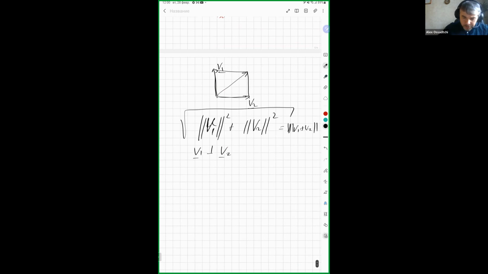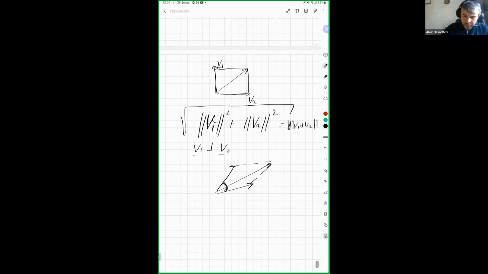But if V1 is not orthogonal to V2, if you have something like this, then clearly this length will depend on the cosine of the angle between them, right? And the formula will look something like V1 length squared plus V2 length squared plus 2 times the cosine between vectors V1 and V2, multiplied by V1 length and V2 length, okay?